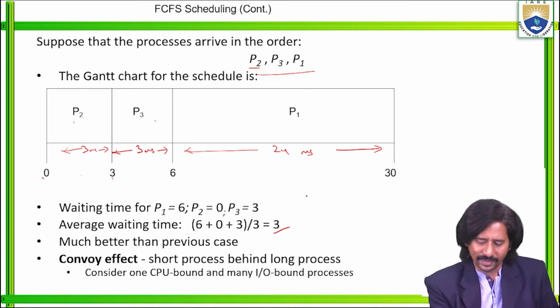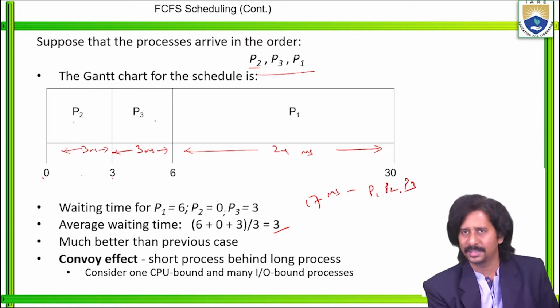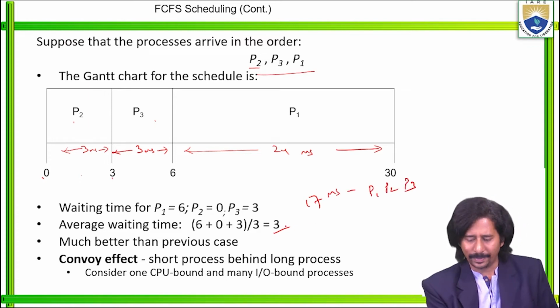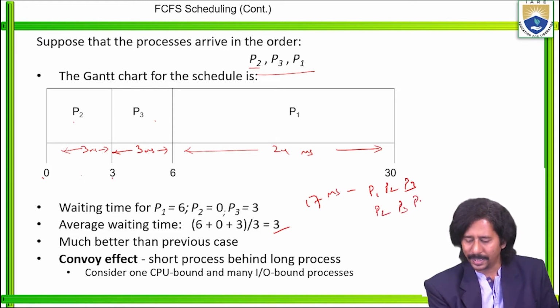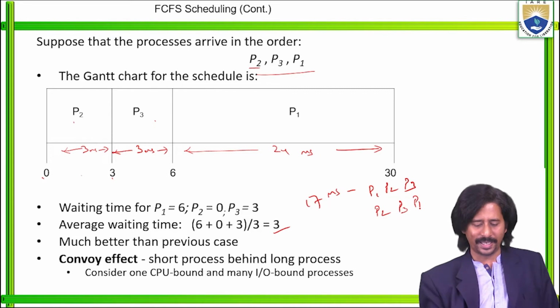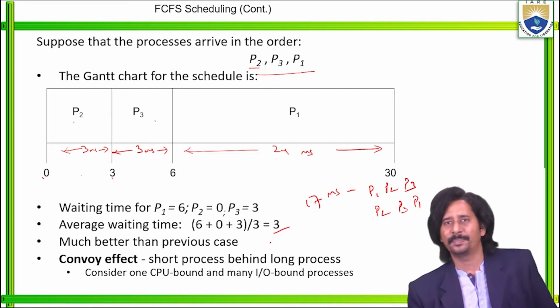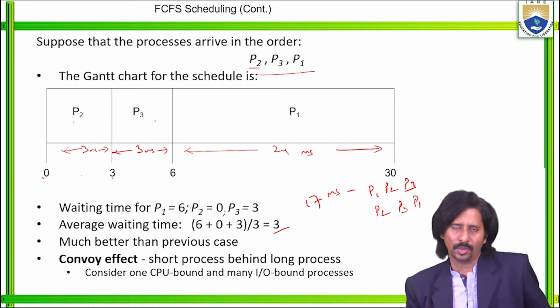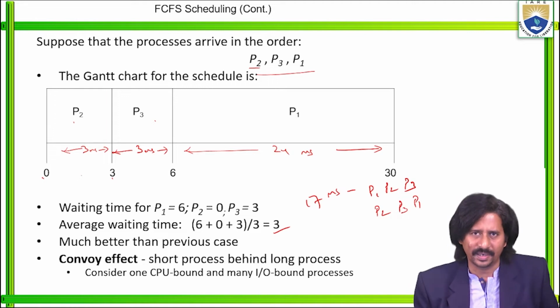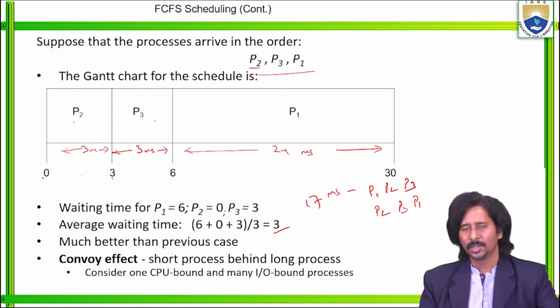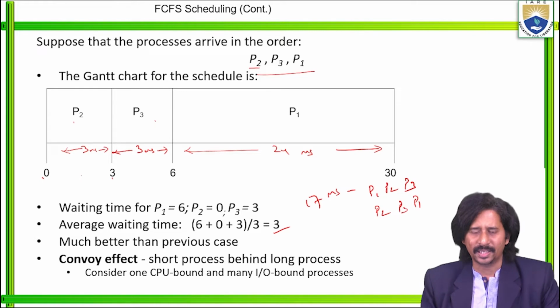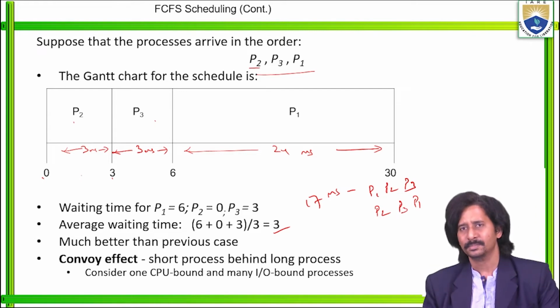Previously we had 17 milliseconds when the processes were in the order P1, P2, P3. Now we have 3 milliseconds when the processes are P2, P3, P1. So this is much better than the previous case. In case of FCFS, we have the convoy effect, that is, short processes behind long processes.